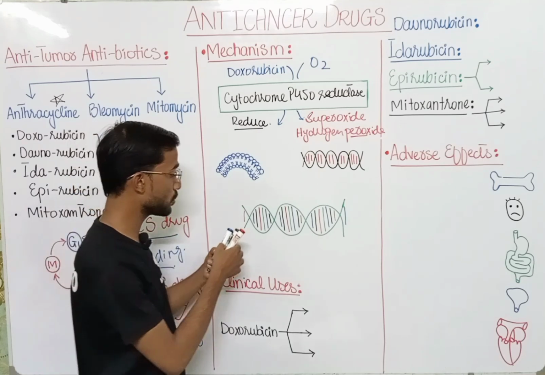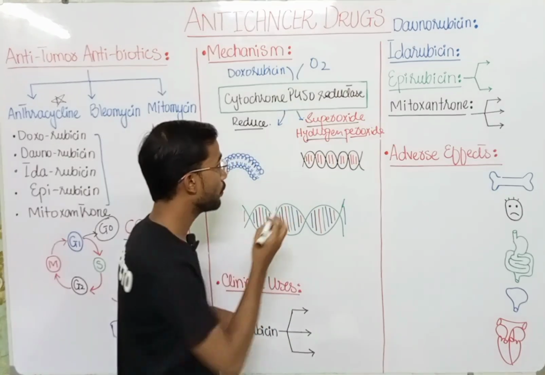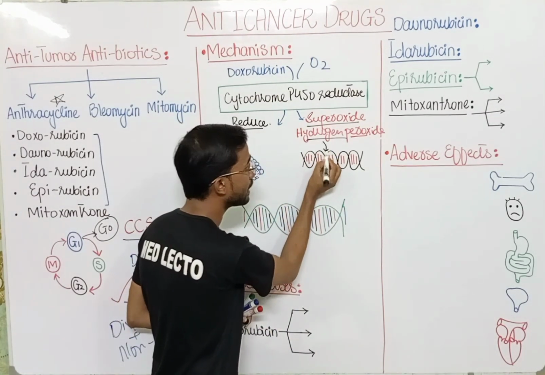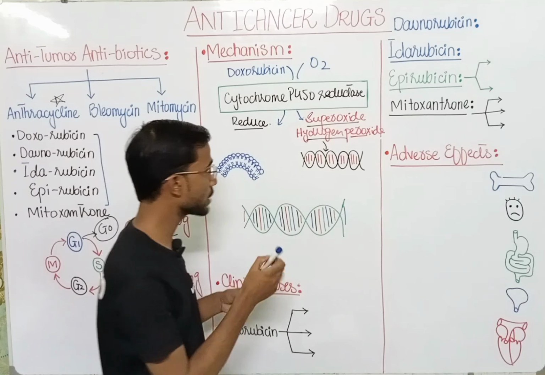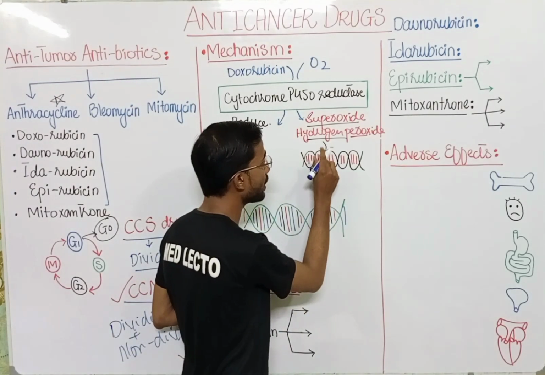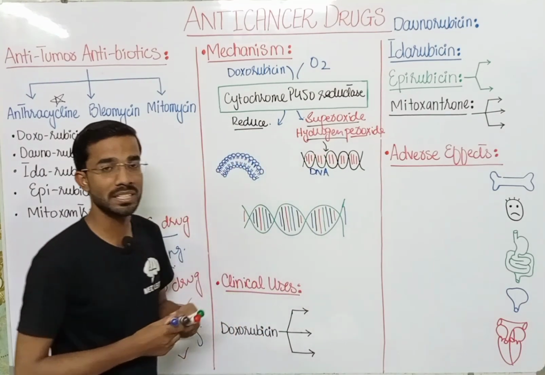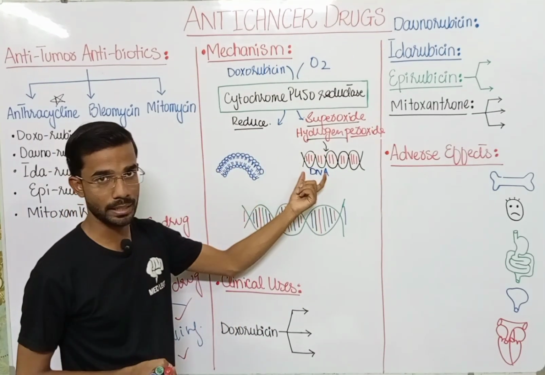Okay, first, these free radicals will act on the DNA. So actually they will act on the DNA and break the strands of the DNA. So this is the first function of the free radicals.